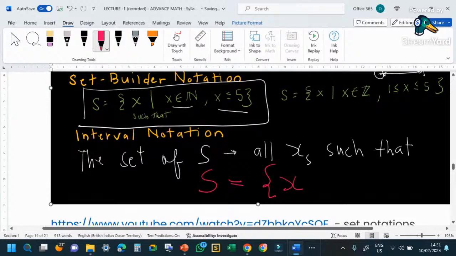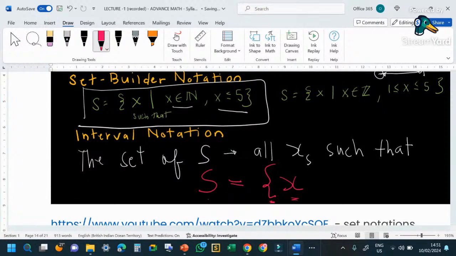The set of S is all X's such that X is an element of all natural numbers, comma, and also X is less than or equal to 5. So it means all decimals, natural numbers doesn't have the plus and the minus, right?